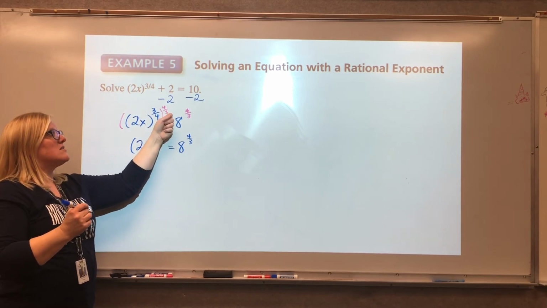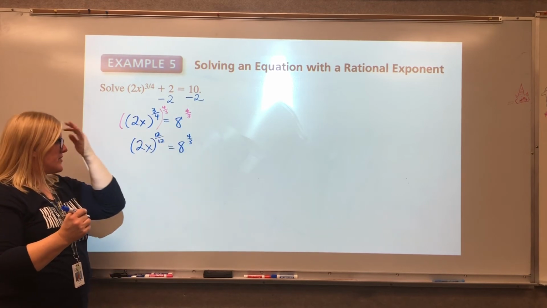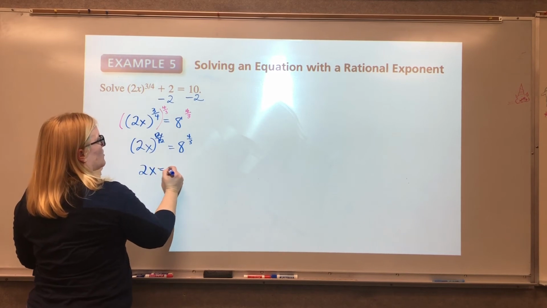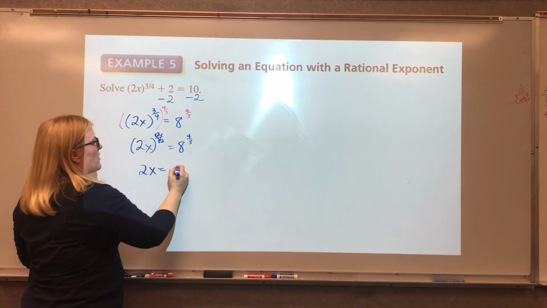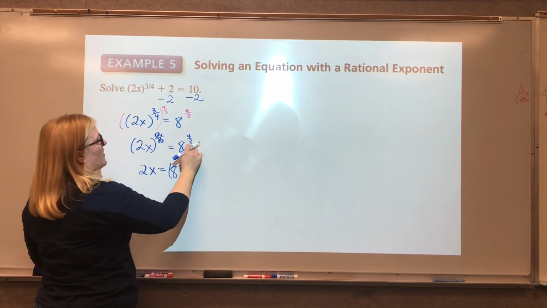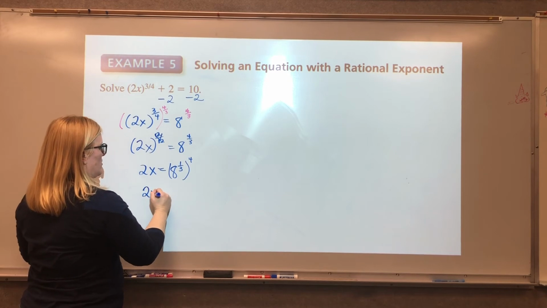Okay, and if I make the exponent go up here, I've got to put it over here too. All right, so this becomes 1. So now I have 2x equals 8 to the 4/3 power. Well, I could rewrite it this way. You could put that in your calculator. But 8 to the 1/3 power is 2.